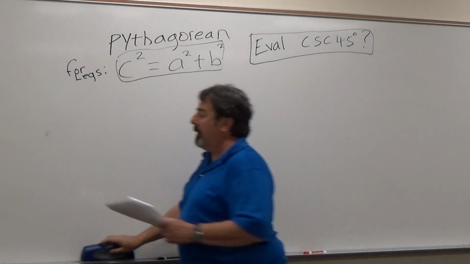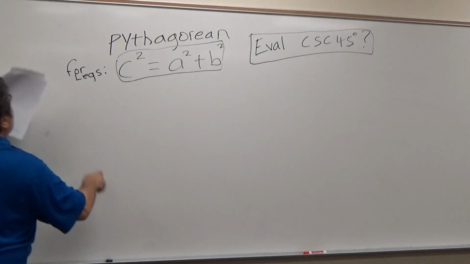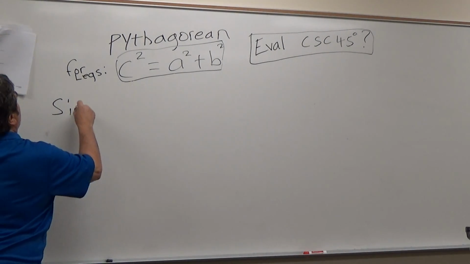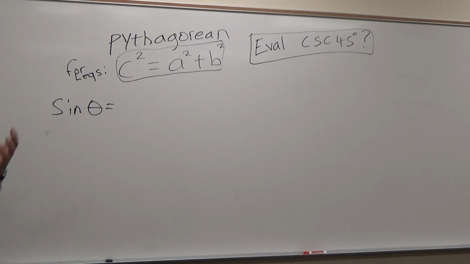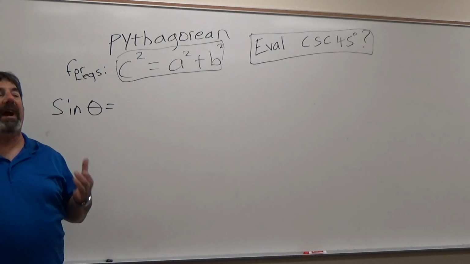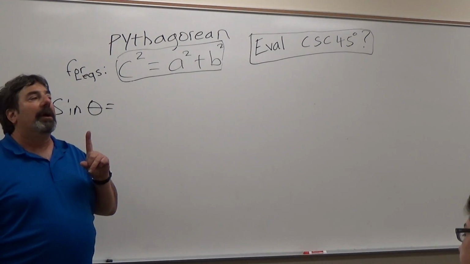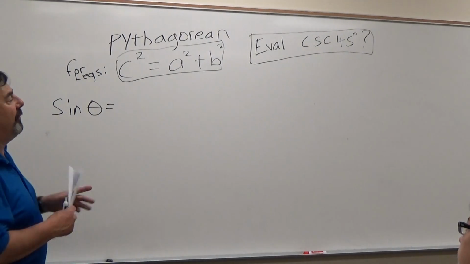All right, they're telling me that the sine of a given angle, theta, is equal to a fraction. Now it's important, when they give you the sine or a trig function is equal to a fraction, you're going to set it equal to the definition, and I'll show you how to proceed from there.